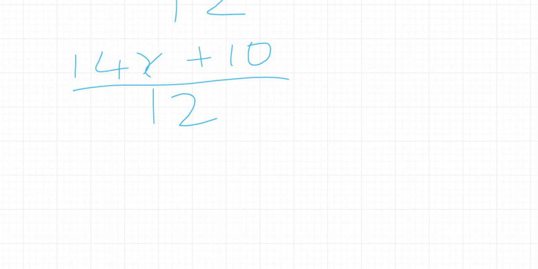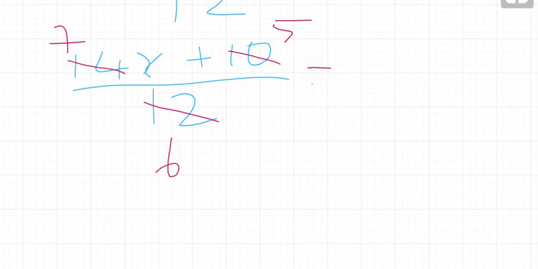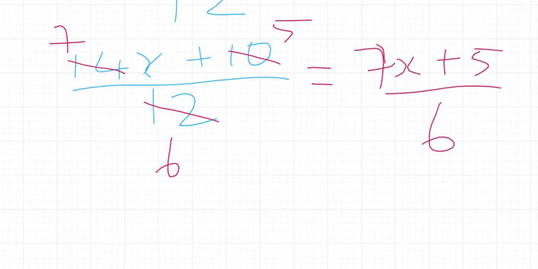So we'll do that now to simplify it, writing an equivalent fraction in its simplest form. So we see that 2 into 14 goes 7 times. 2 into 10 goes 5 times. 2 into 12 goes 6 times. So the final answer will be 7x plus 5 divided by 6.